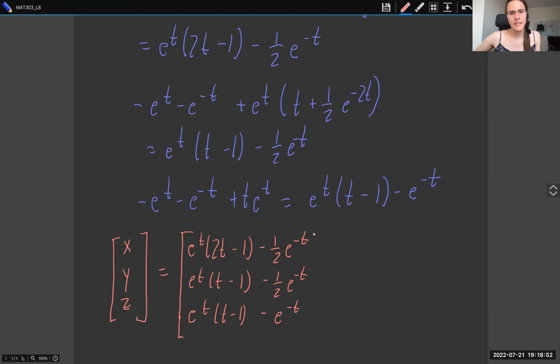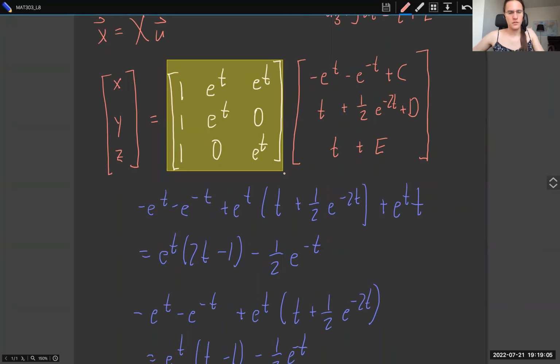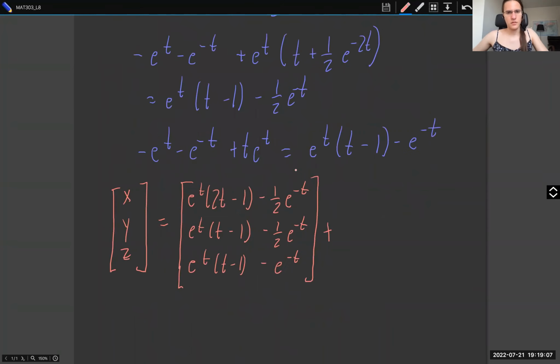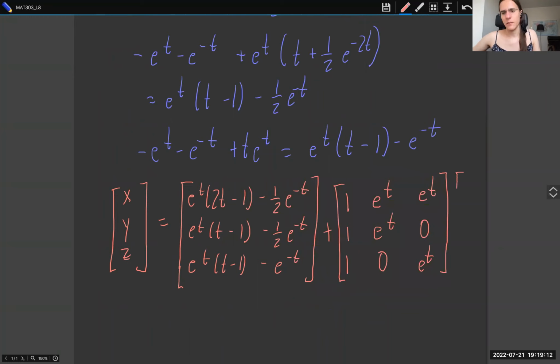But we're not done yet. We're also going to put the fundamental matrix, and I would accept this solution, times the constants.